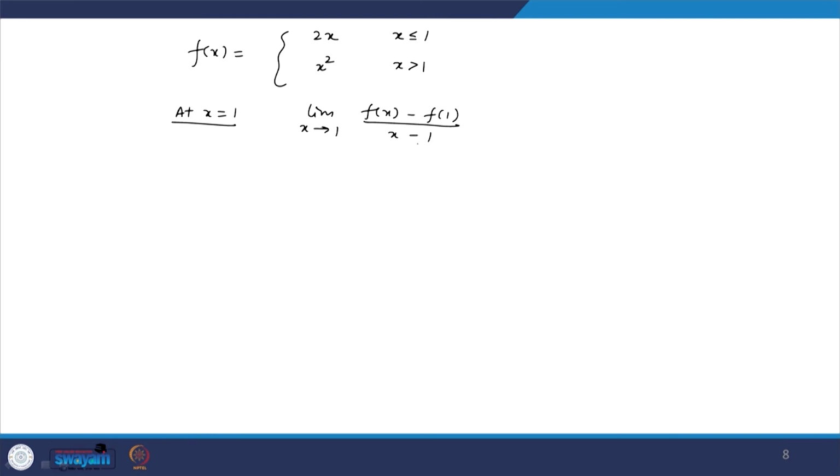And that means we have to see whether the left hand limit and the right hand limit exist or not. So, first we will see the left hand limit, that means limit x tending to 1 minus of (f(x) minus f(1)) upon (x minus 1), and then we can also see the right hand limit.